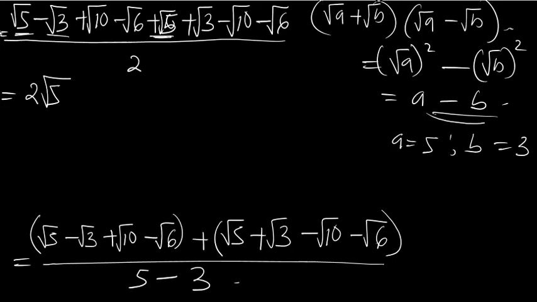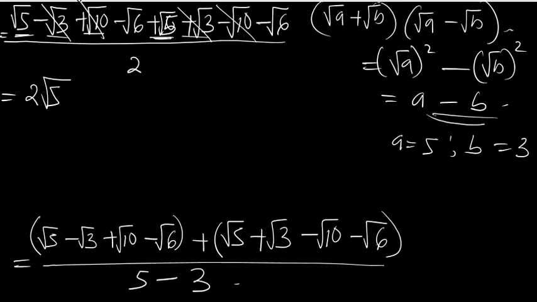You have minus root 3 plus root 3. Since they are the same and of different sign, you cancel them out. Now you have plus root 10 minus root 10. Since they are the same and of different sign, we cancel them out. Now the similar term is this: you have minus root 6 minus root 6. So it gives you minus 2 root 6, divided by this 2 here.